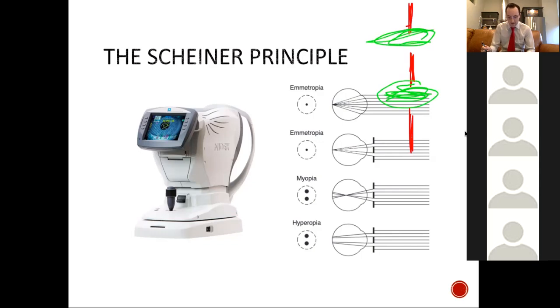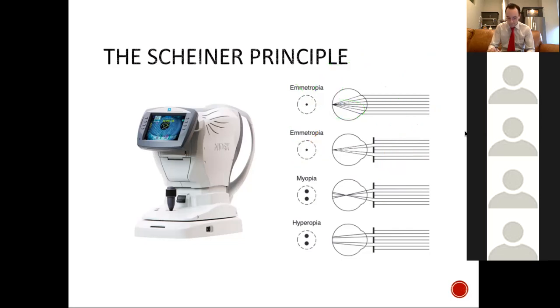So in the case of an emmetrope, if we don't have this system, okay, they are able to appreciate a single dot, okay? When we give the emmetrope the double pinhole aperture system, okay, they still see a single image on the retina, a single dot, okay?